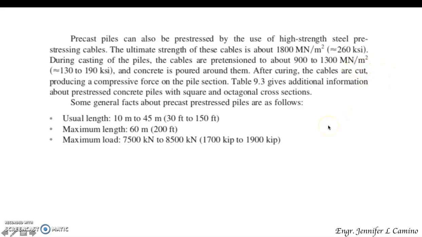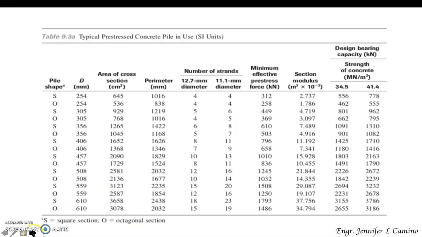After curing, the cables are cut, producing a compressive force on the pile section. We have here some of the general characteristics of precast pre-stressed piles, and a table showing typical pre-stressed concrete piles in SI units.